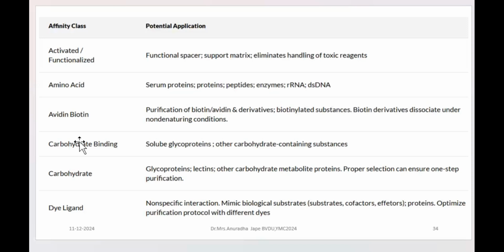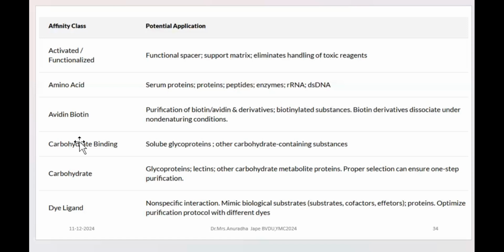Also, lectins we have talked about, they can be used because lectins selectively bind to the carbohydrates and glycoproteins have carbohydrates, so you can choose a lectin system also. Dye ligands, yes, we have talked about it earlier, wherein we have talked about dextran blue as an example, and we have discussed it in the previous lecture.